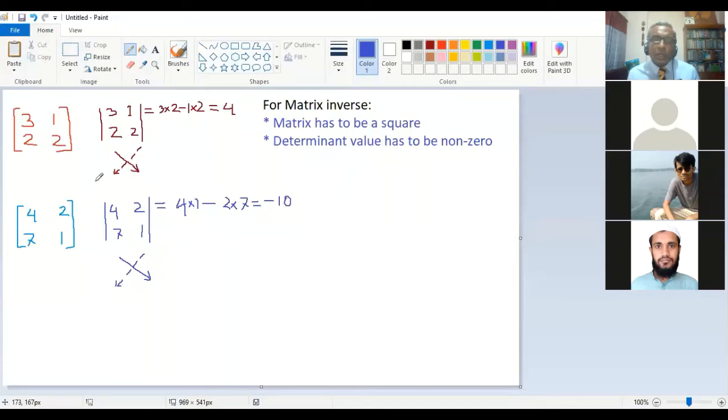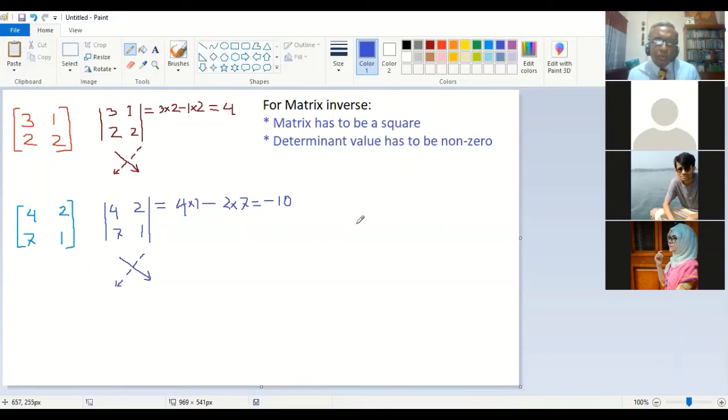I will show you 2 by 2 inverse today, and then I will try to make you understand how this can be used in some real life application. So let me just talk about 2 by 2 determinant and 2 by 2 inverse today.